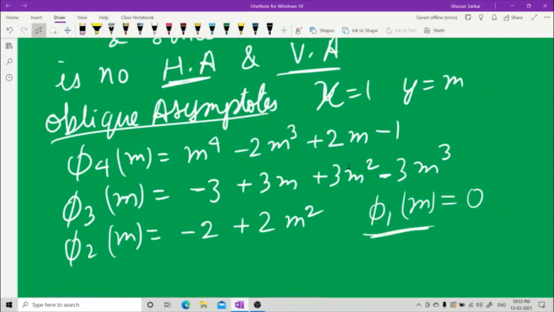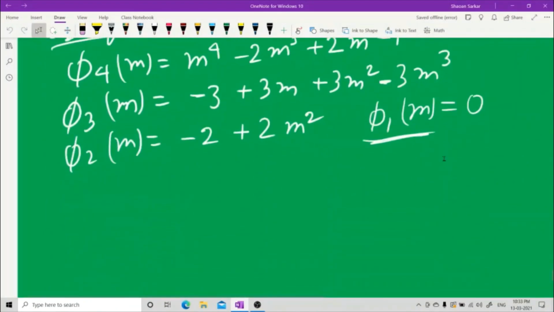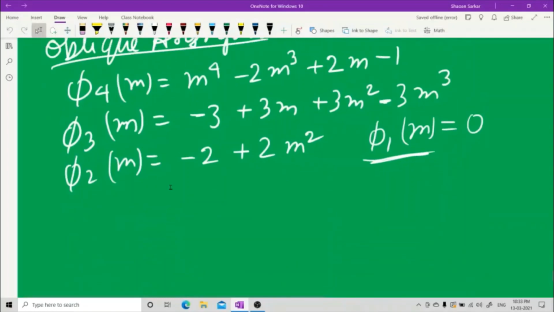Because if you see this equation, there is no single power of x. यहाँ पे कोई भी सिंगल पावर ऑफ x नहीं है, सारे x स्क्वायर है, y स्क्वायर है, कहीं पे x और y नहीं दिख रहा है इस पूरे इक्वेशन में. I am not able to see any single power of x and y. So here phi 1 of m is 0.